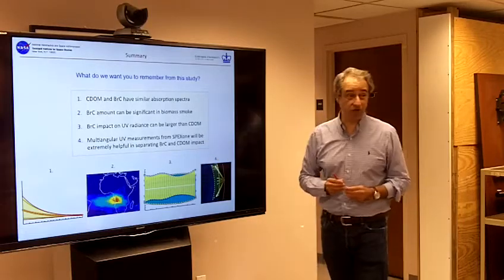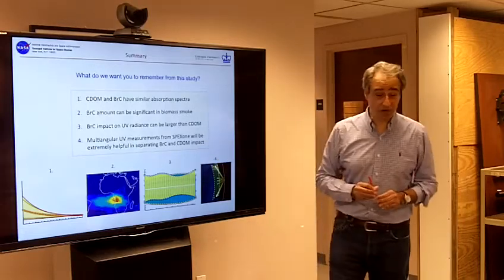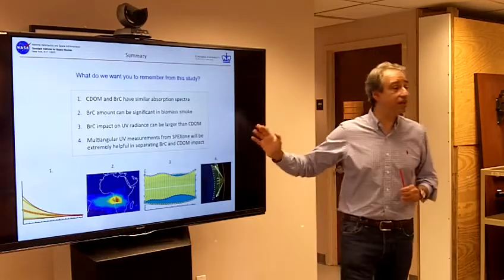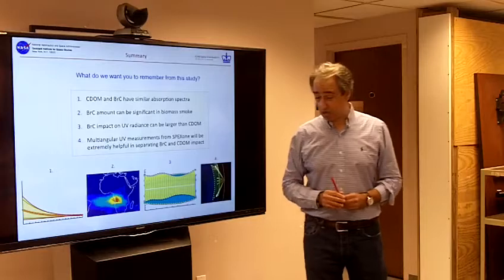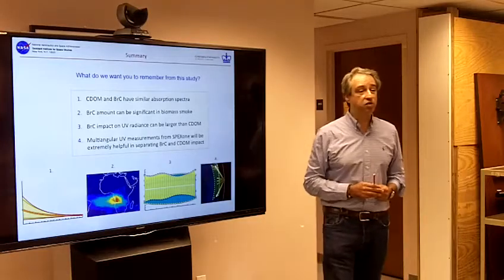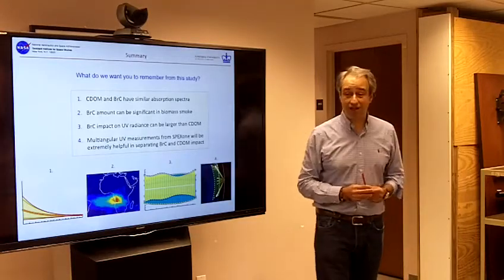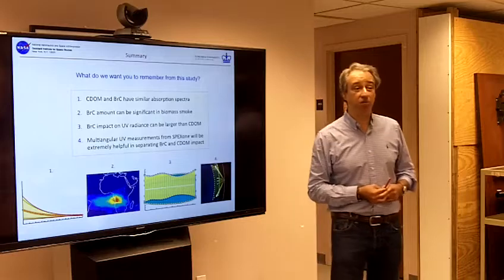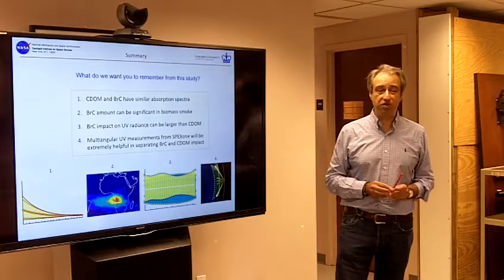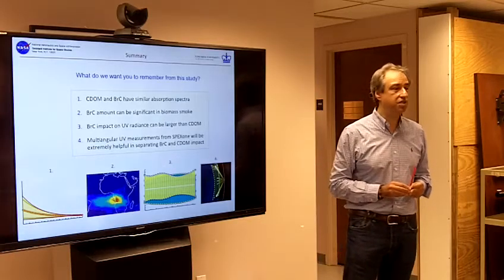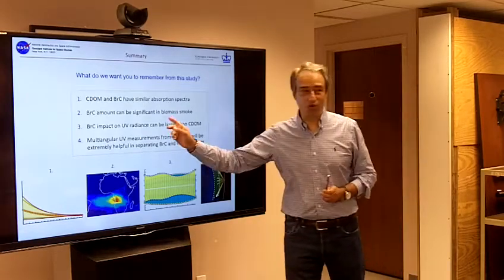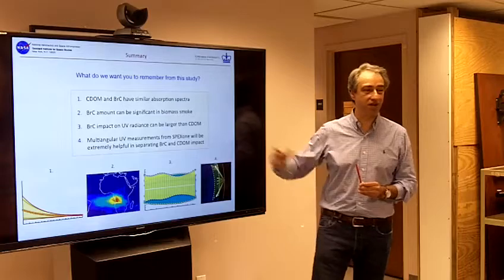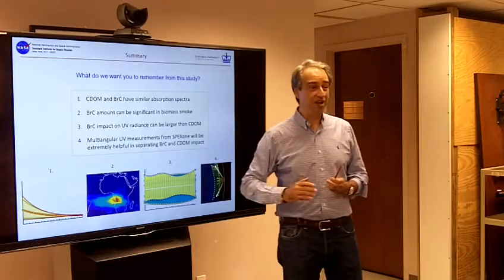Unfortunately, as Suzanne was in ORACLES a month ago, looking exactly at this biomass burning smoke coming off the coast of West Africa, there are also measurements being done that can show us a little bit more about what percentage of organic carbon is brown carbon. And so I'm eager to wait for those results, so that rather than using 10 or 70%, I have perhaps a more realistic number.